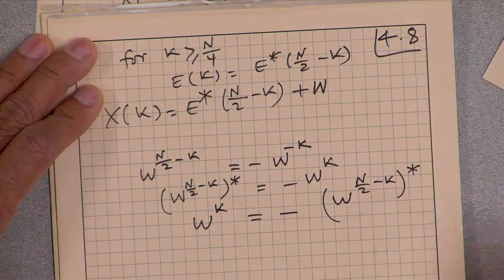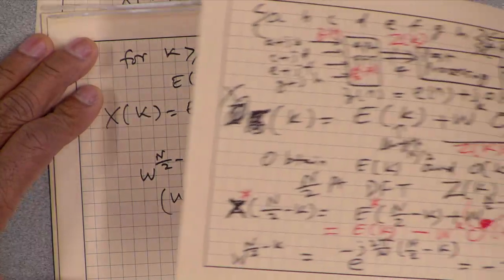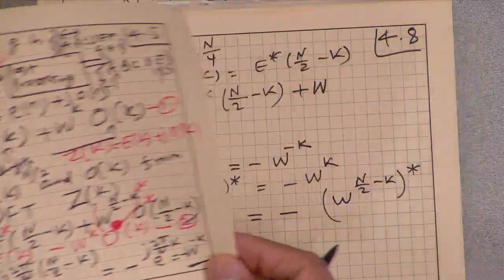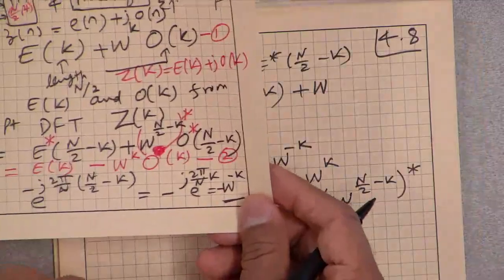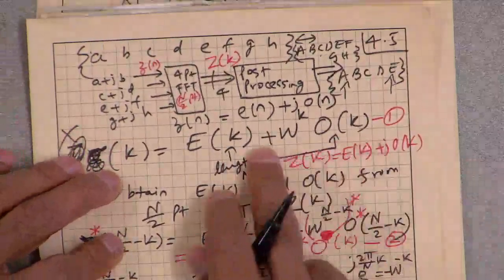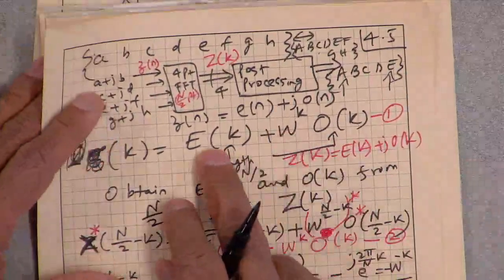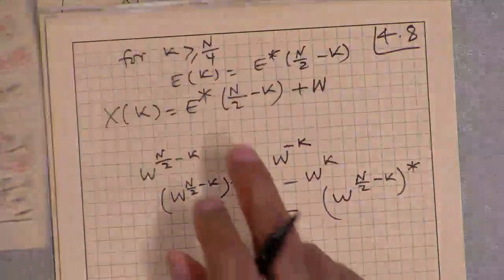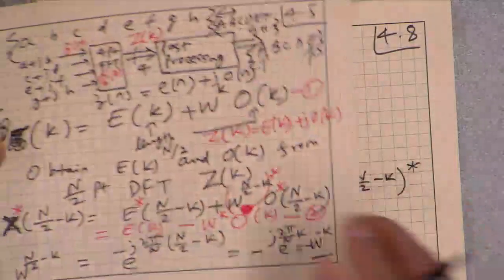Okay, so the formula still remains the same, but we replaced Ek by E conjugate n by 2 minus k.